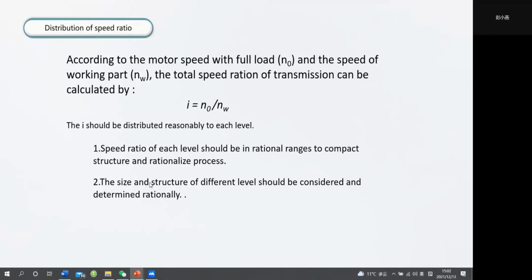And the size and structure of different levels should be considered and determined reasonably.